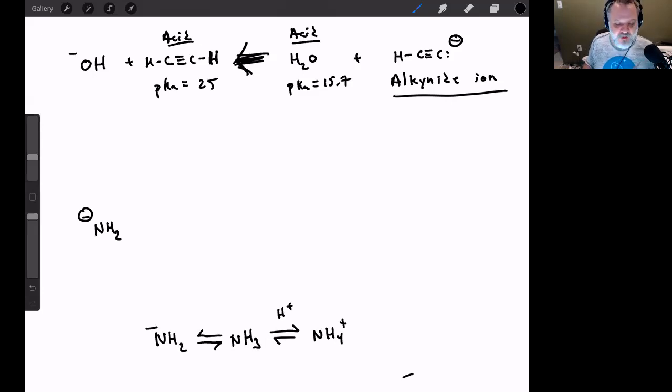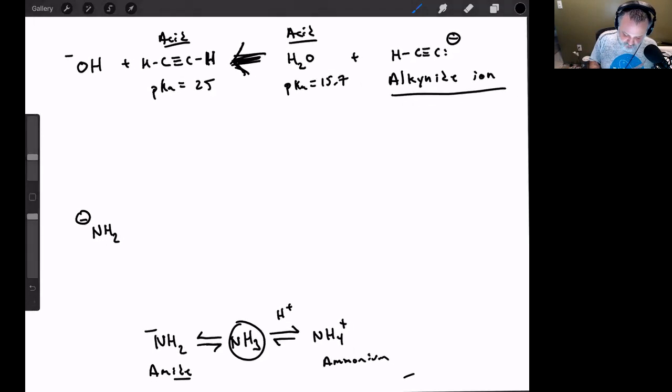And NH2 minus is amide. There's that -ide again, amide ion, where this is ammonium. And this is, of course, ammonia. Now, ammonia is traditionally a base, so it doesn't like to act as an acid, but when it does, it forms a particularly strong base.